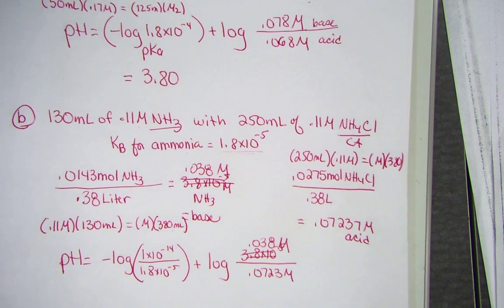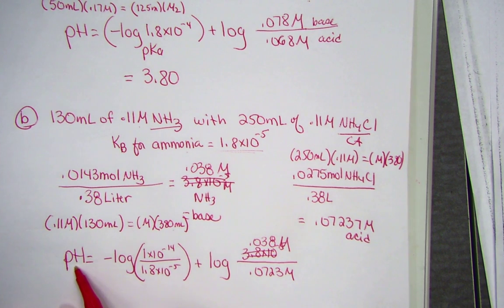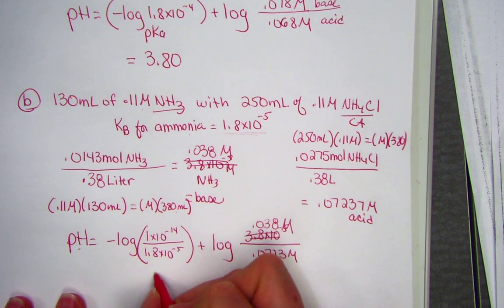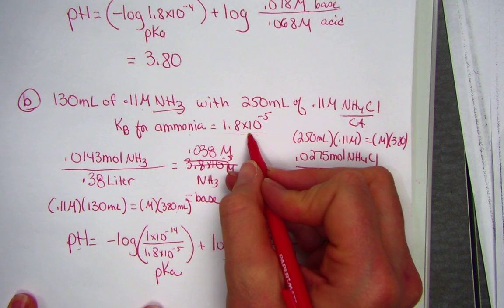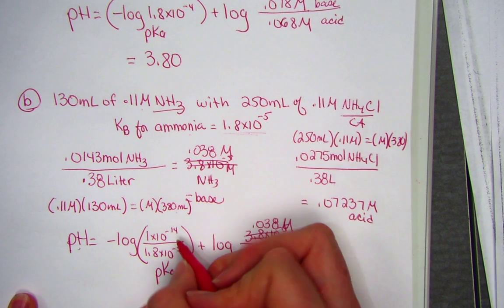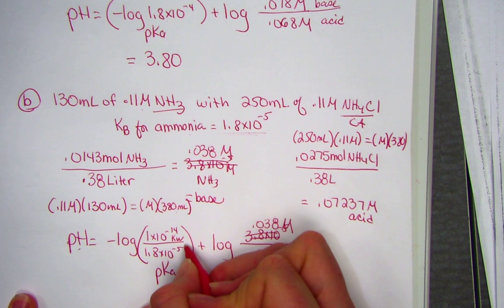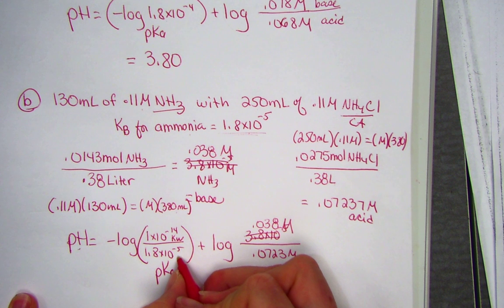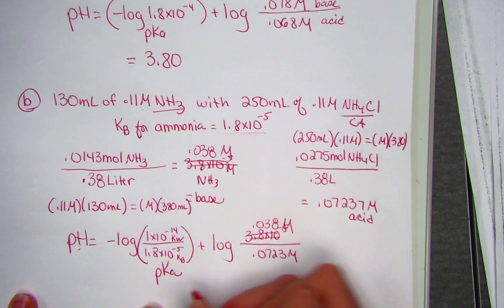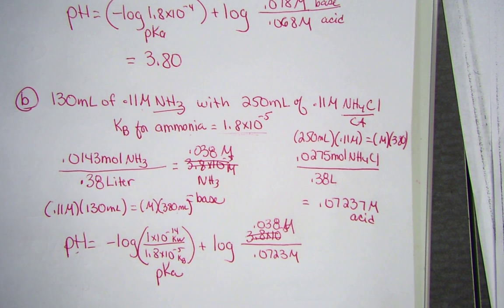Now Henderson-Hasselbalch. Remember that it says pH is equal to the pKa. Ammonia is a base. This is a Kb. I had to convert using Kw. Kw, the ion product constant for water, divided by a Kb flips that into a Ka. Negative log that, and we find pKa.